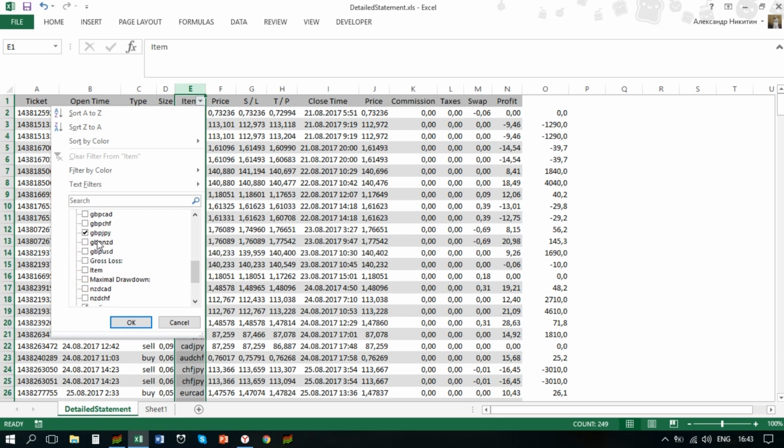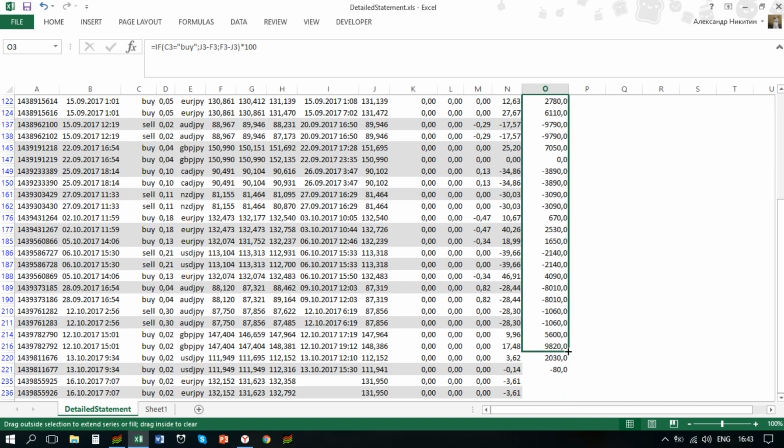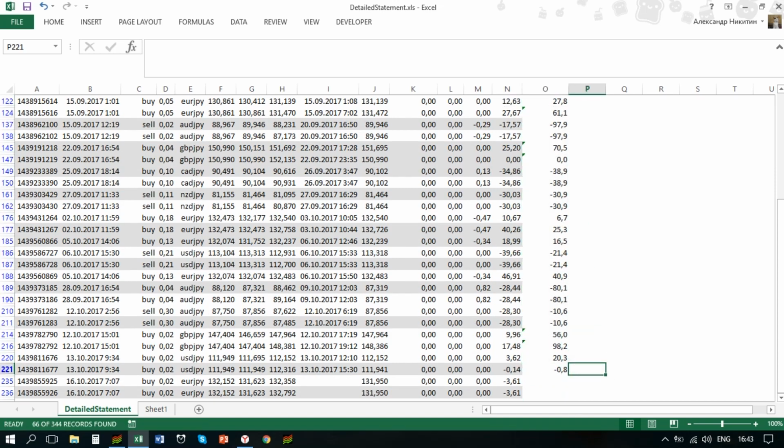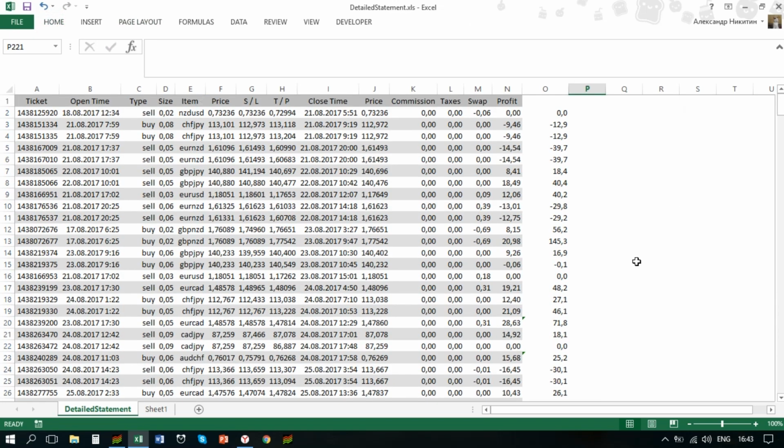So if we calculate 1, 2, 3, 4, 5, 6, 7, done. And here I will change the formula from 10,000 to 100. This way it will return the number of 3 digits. Done. Perfect. Let me disable every filter.